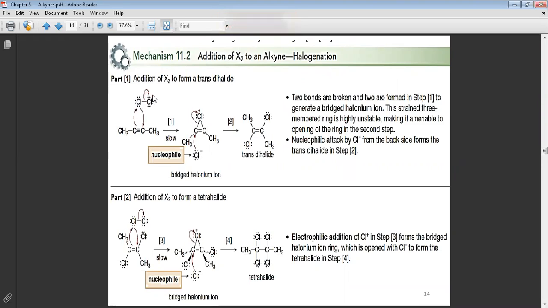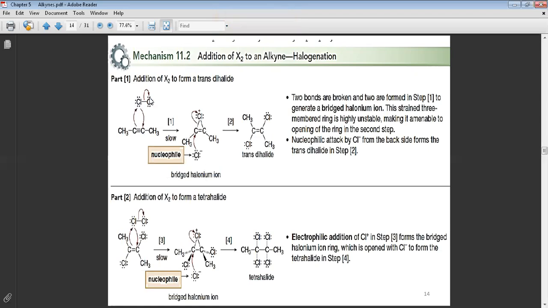That means a dipole can be induced: one end partially positive and the other end partially negative, and in that time the reaction happens. When it is partially positive, the pi bond opens and attacks the halogen to give you the bridge. This is the cycle here, the bridged halonium ion.